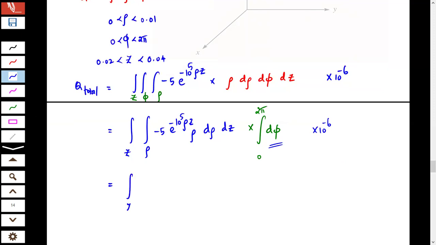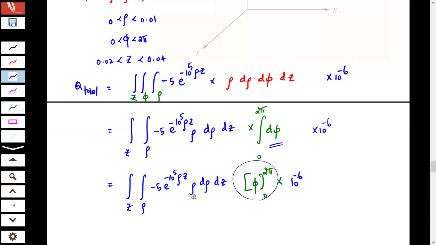So let me do integration for phi first, which will give phi, and when we apply the limits, you'll get 2 pi as the answer. So in place of this, I can replace 2 pi.